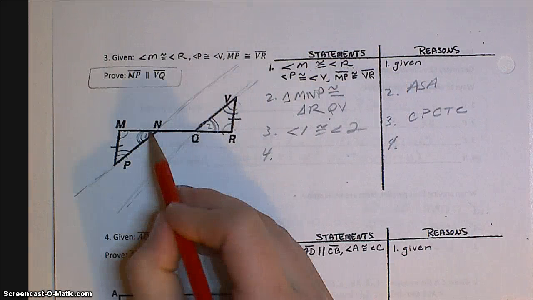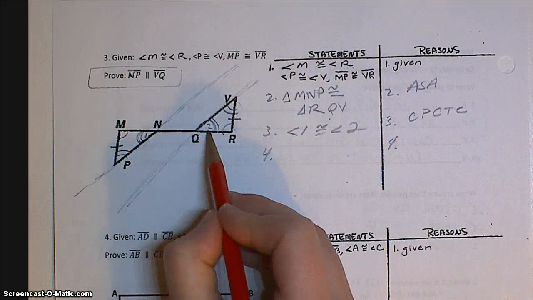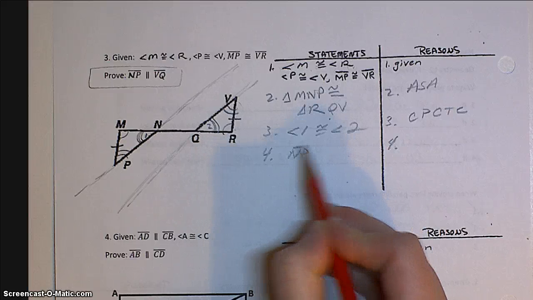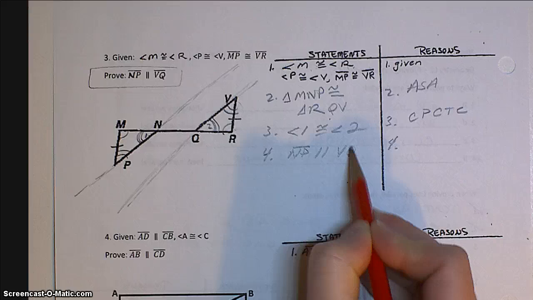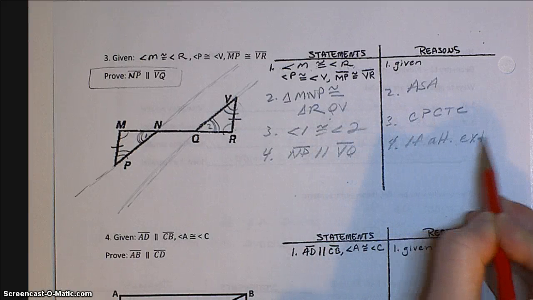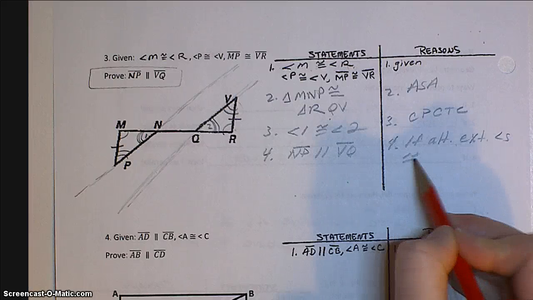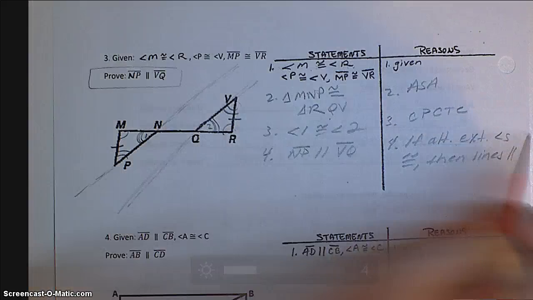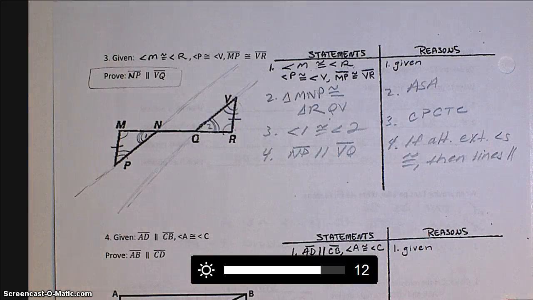Alright, now these are alternate exterior angles, and they're congruent. So that means the lines are parallel. And you're all set.